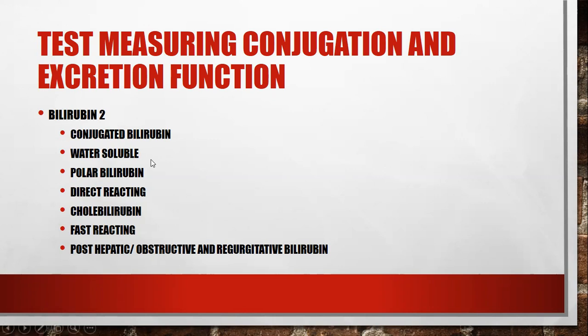Now, it is water soluble, thus it is considered polar. It is direct reacting. Since your bilirubin 2 is not bound to any proteins, it readily reacts directly with the reagents used to determine the amounts of bilirubin. This is also known as cholebilirubin and it is fast reacting.